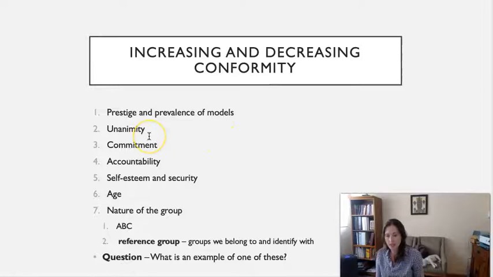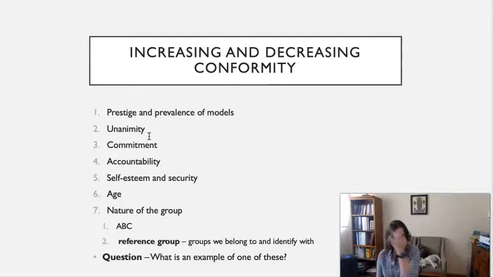For unanimity, if it's a unanimous thing, if there's nobody who's not conforming, that is going to be more important for you. So if you have just one person who doesn't conform, conformity rates for others plummets to basically 0.